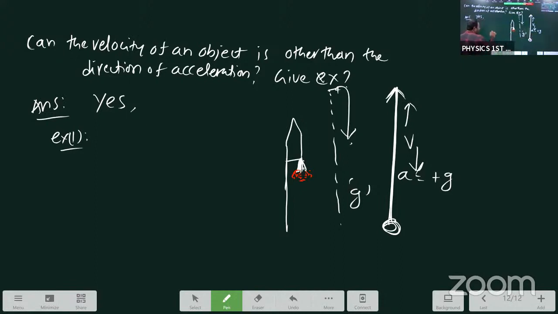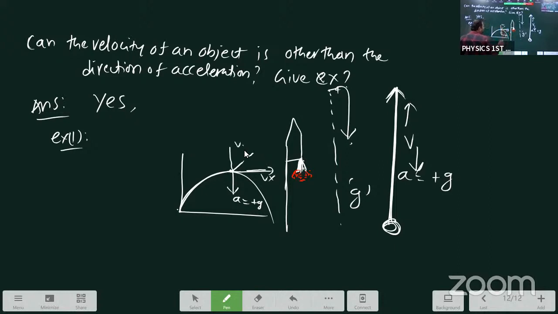One more example to take. Yesterday's concept, projectile: the projectile goes like this. This is acceleration due to gravity, this is the velocity x component, and velocity y. Meaning velocity acts tangentially, acceleration due to gravity acts downwards.